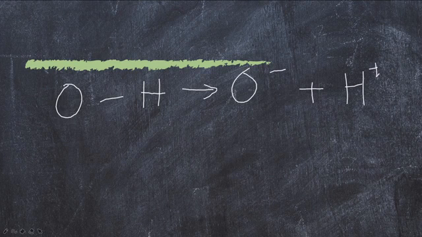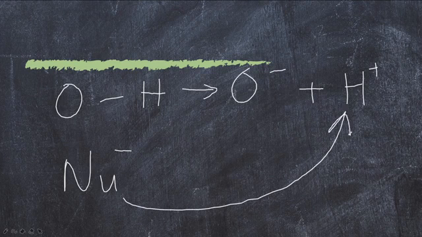Now, what do we know about the nucleophile? The nucleophile is electron rich. So instead of attacking the alkyl group, which is also electron deficient, the polar protic solvent, also electron deficient, can end up attacking both the alkyl group and this hydrogen.